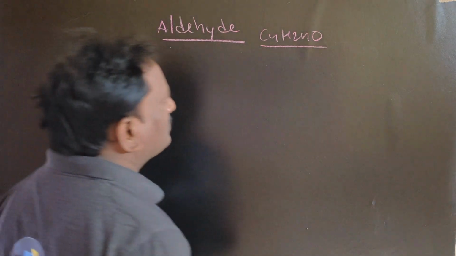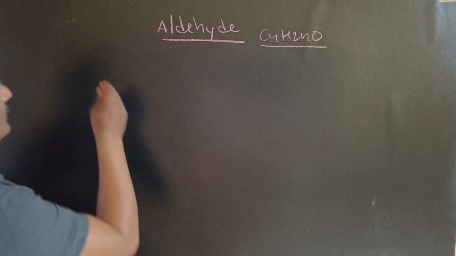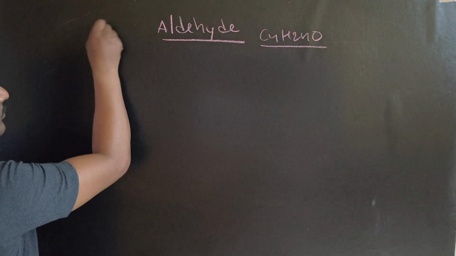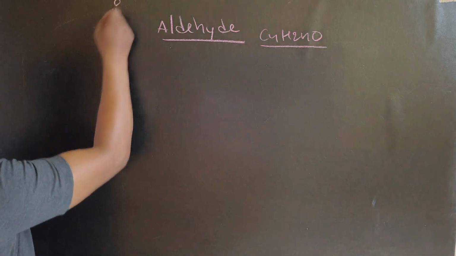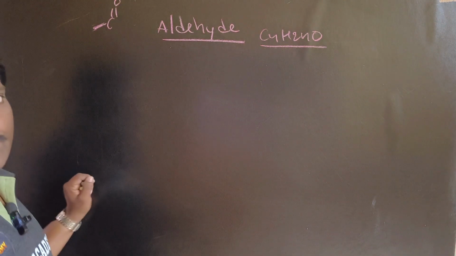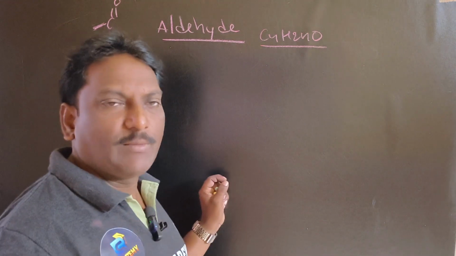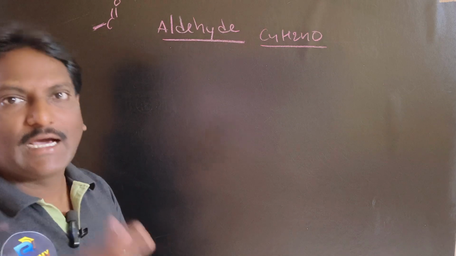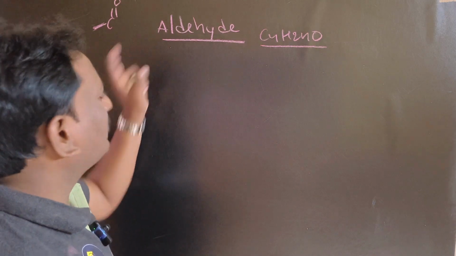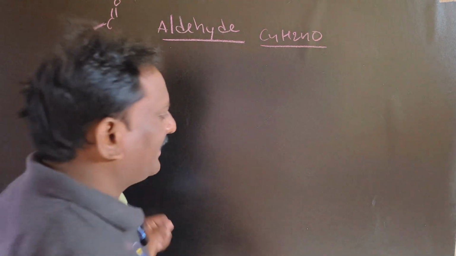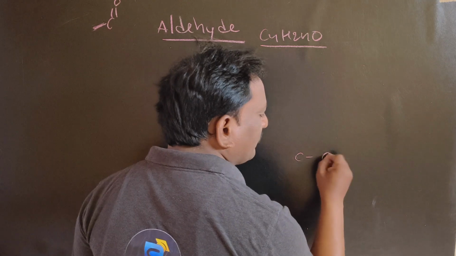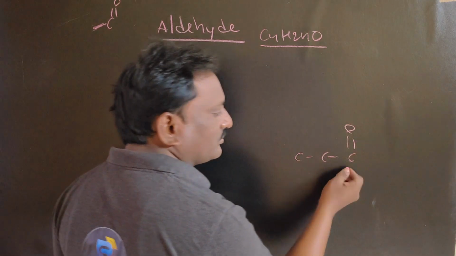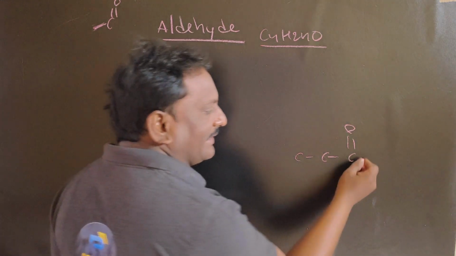As for the structural formula, the C double bond O is present at the terminal carbon, the end carbon. Then only these are considered aldehydes. For example, let us assume a carbon chain with C double bond O at the end. So these are considered aldehydes.